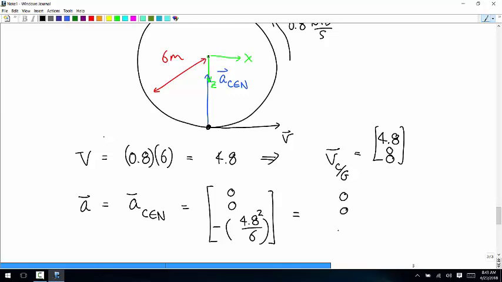Okay, so 0, 0 is 4.8 squared over 6. Divided by 6 is 3.84. Negative 3.84.